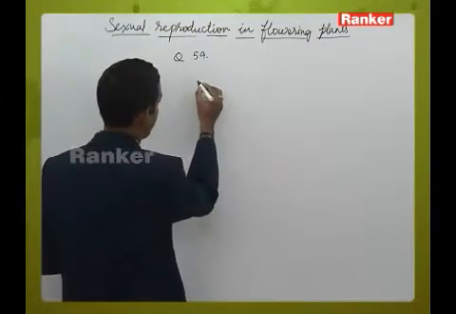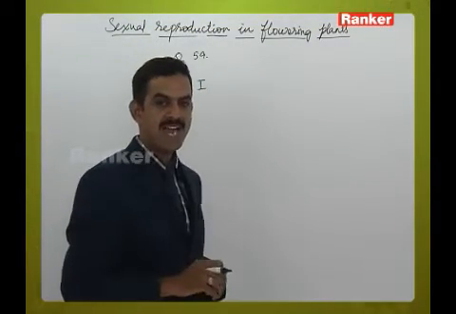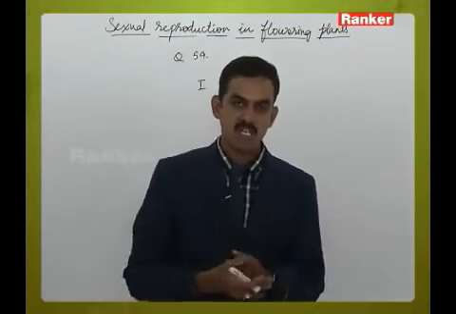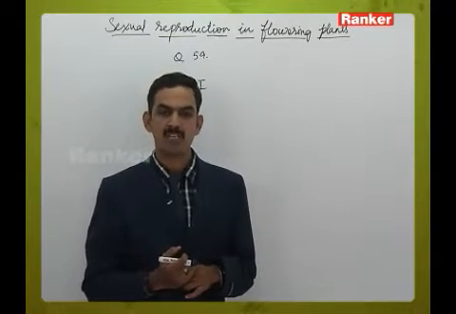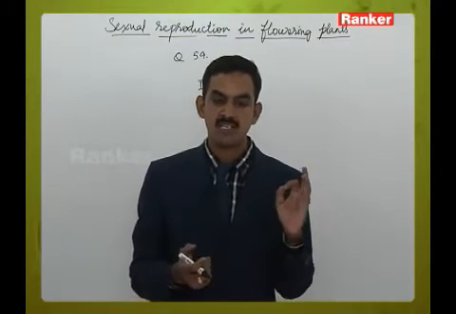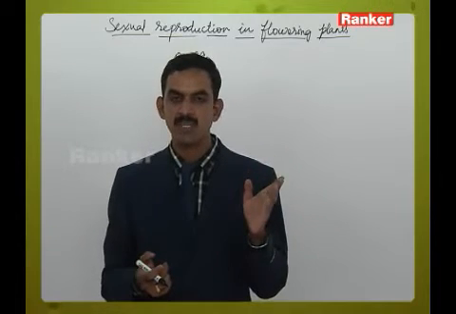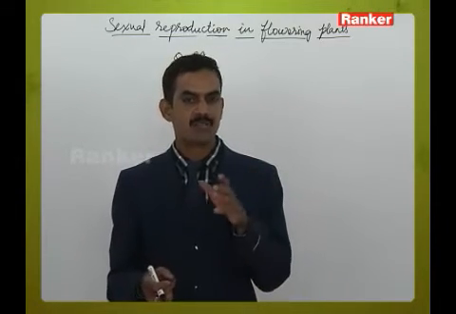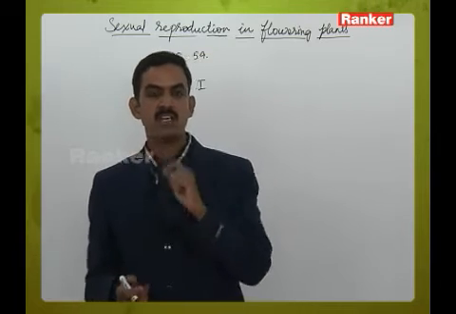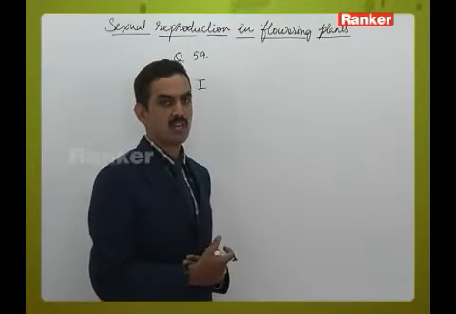Let's see. Here Roman number 1, the plant name is Solanum, the type of contrivance is dichogamy, and it favors allogamy. That is correct because Solanum exhibits the protogyny condition. Protogyny is a part of dichogamy, which promotes cross pollination or allogamy.